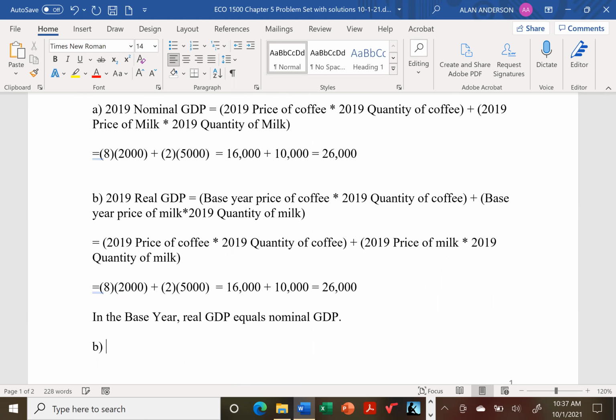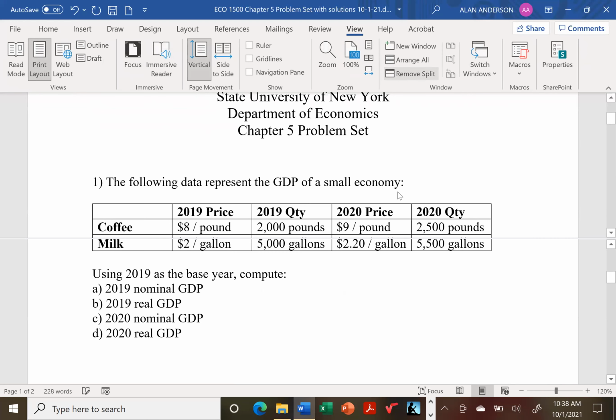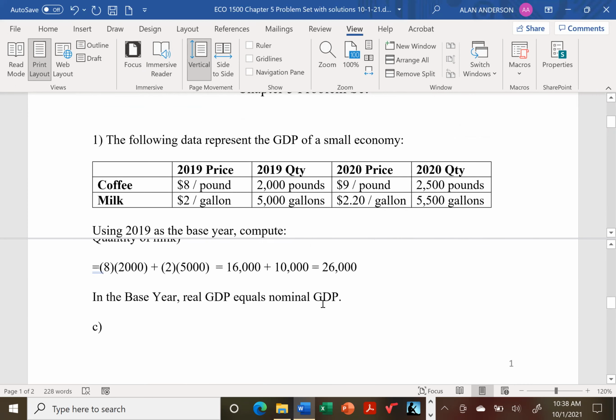So how do we do that? The nominal GDP for 2020, now I'm going to have to split the screen so we can see the table. Yeah, that's better. All right, so the logic is exactly the same. Nominal is always current year prices and current year quantities.